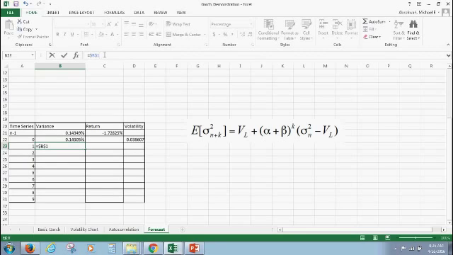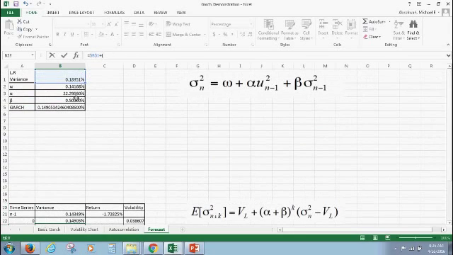So I hit the F4 key, plus alpha plus beta, and in this case k is equal to 1. It's the first period.